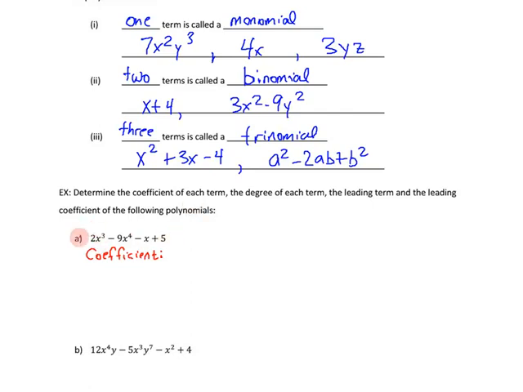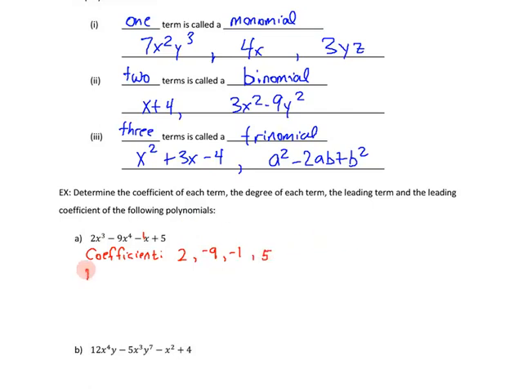So the coefficient of the first term would be 2. The coefficient of the second term, remember to include the sign, is negative 9. The coefficient of the third term, when there's no number in front, remember it's understood to be a 1, so that would be a negative 1. And the coefficient of the last term, even though there's no variable, the number itself is the coefficient, is going to be 5.